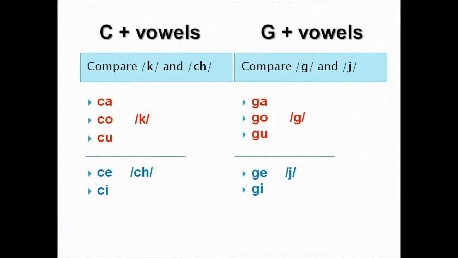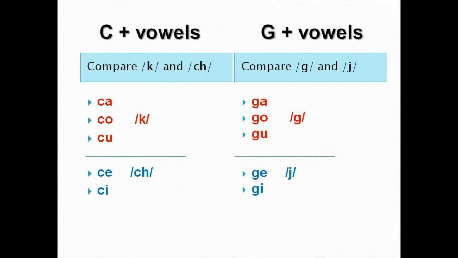If we take the letter C followed by the 5 vowels, so C plus A, C plus O, C plus U, C plus E, and C plus I, these syllables in Italian are read as ca, co, cu, ce, ci. So when we have C followed by A, O, and U, we have a hard sound, k, ca, co, cu. But when we have E and I, the sound softens, becomes che and chi.